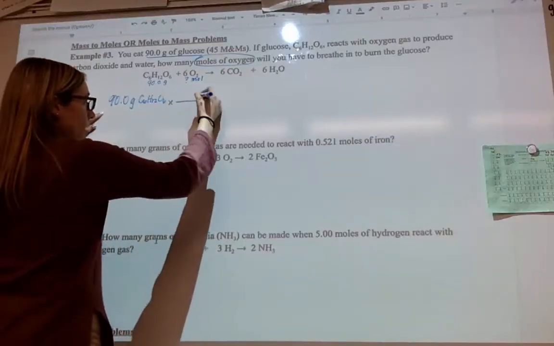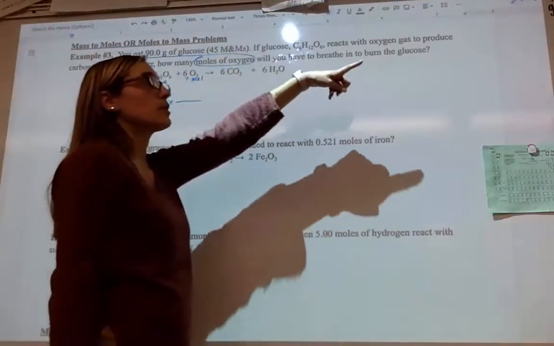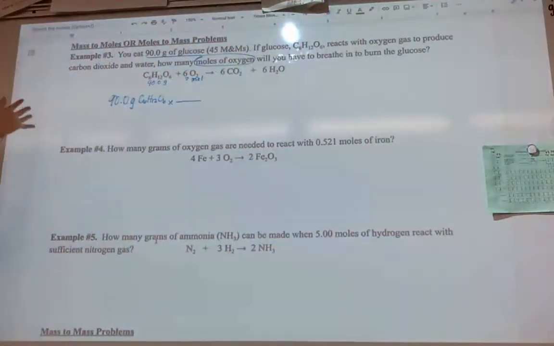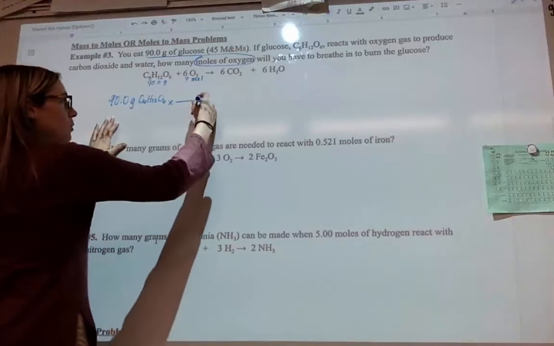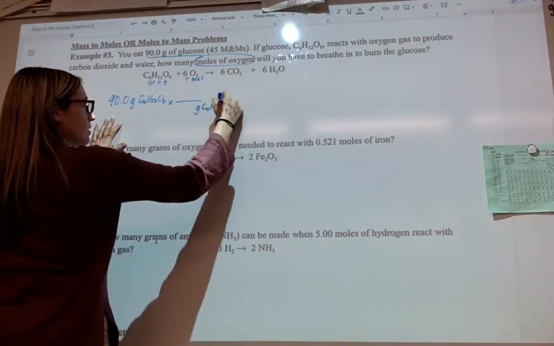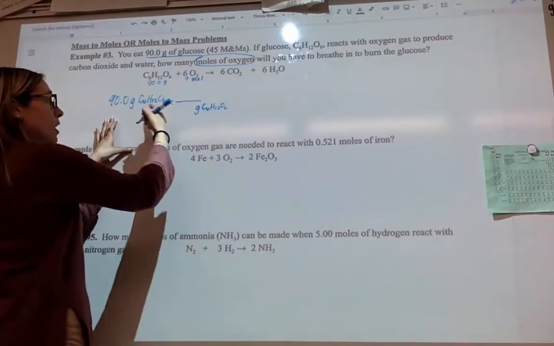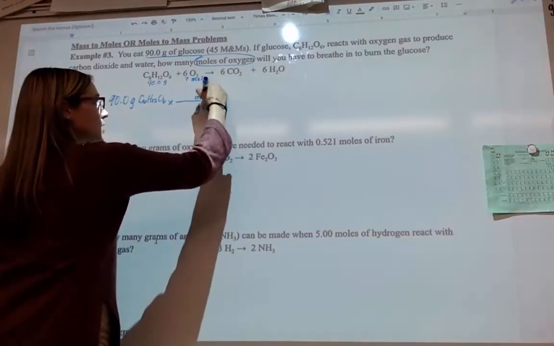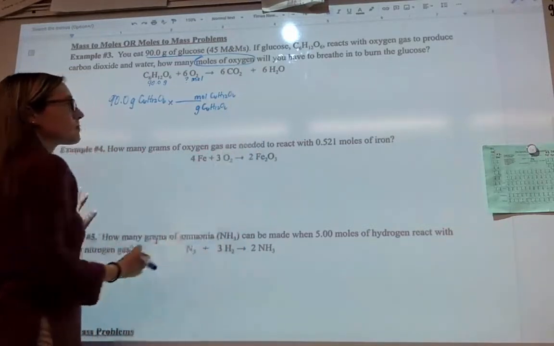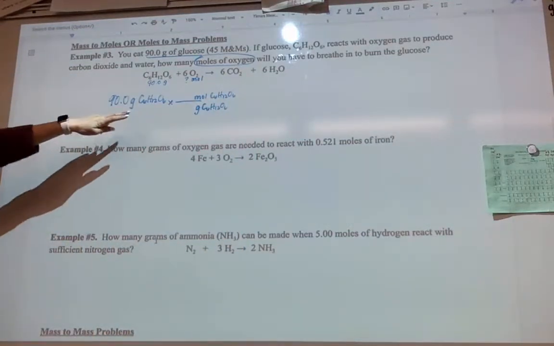So now we're going to go back and use what we learned before to go between different units. So I don't want grams, right? I want grams to cancel. I need to go from grams to moles of C6H12O6. I need to go between grams and moles.